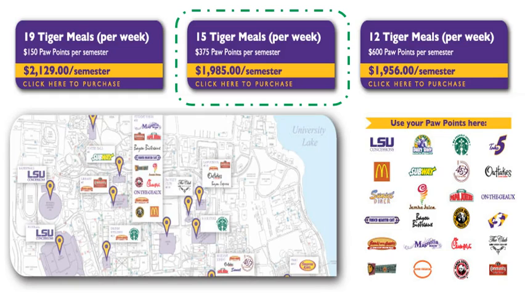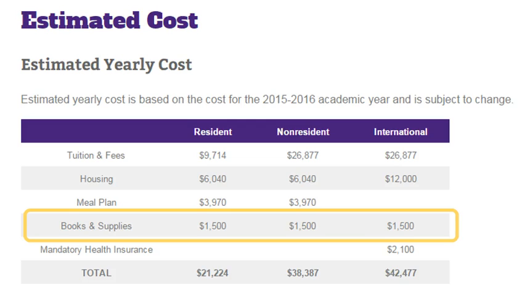All right, let's move on to books and supplies. We're saying the estimated cost for books and supplies is $1,500. Now, again, this is just an estimated cost. This is not how much your books and supplies will cost.